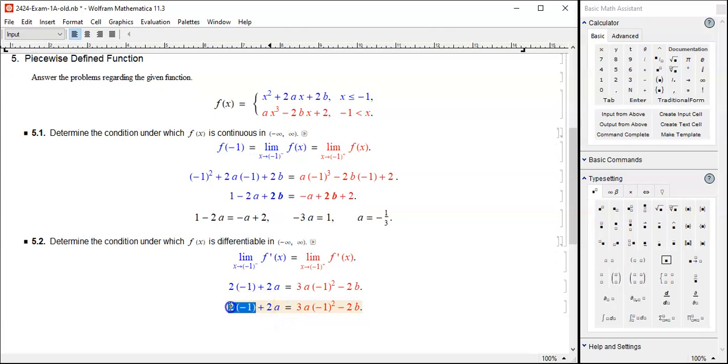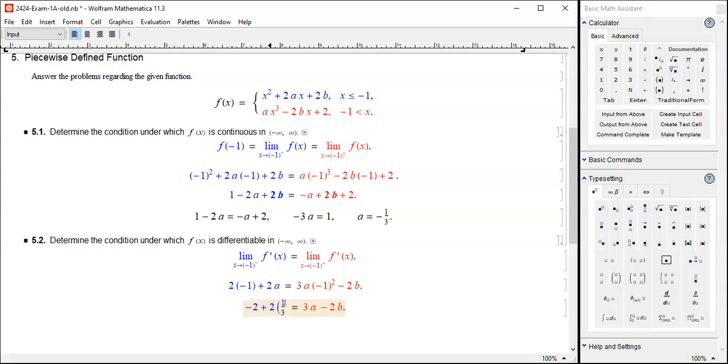Let's see, that's negative 2, and then that's positive 1. From here, another one here.